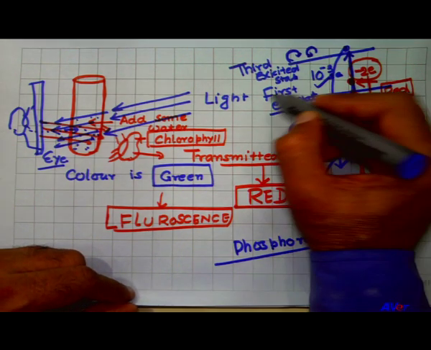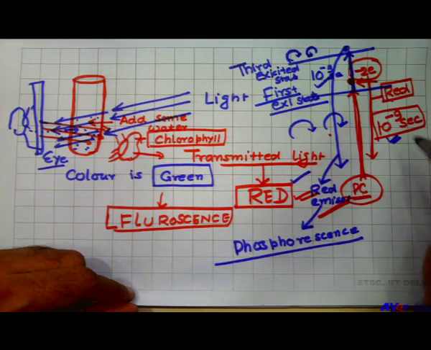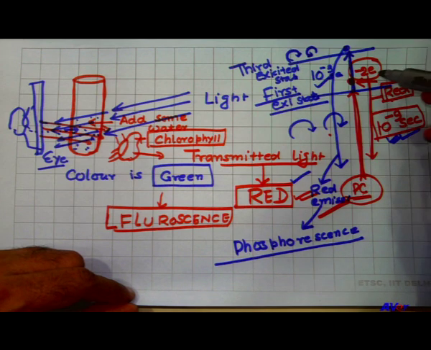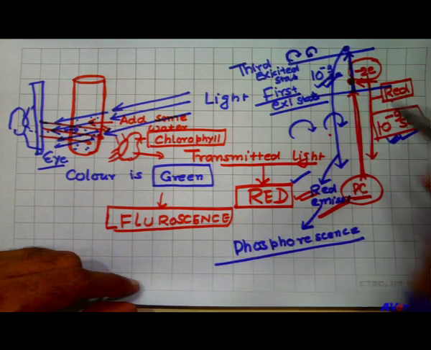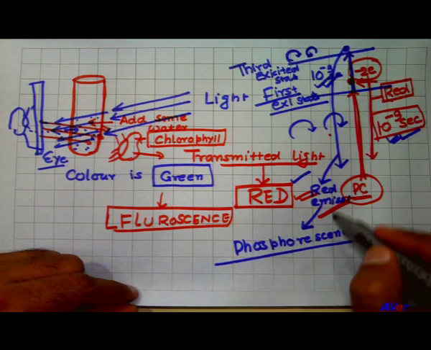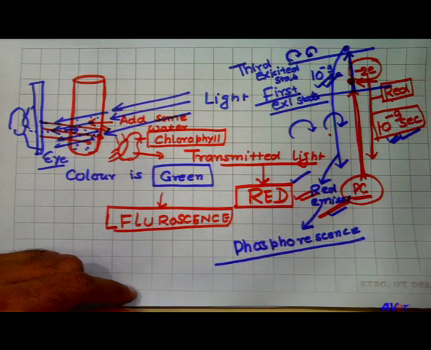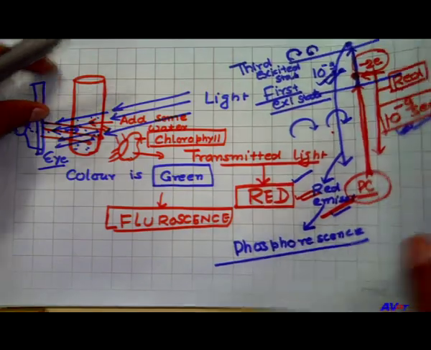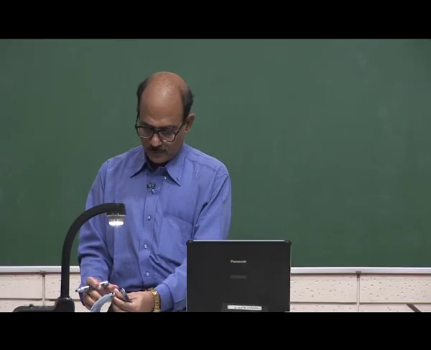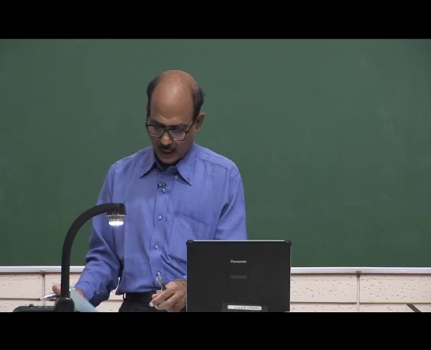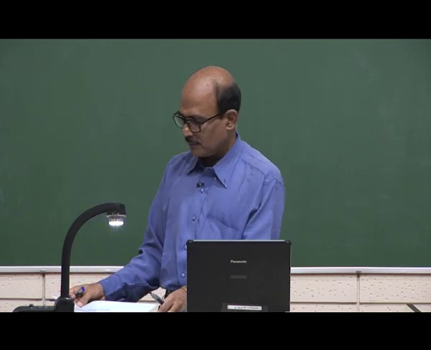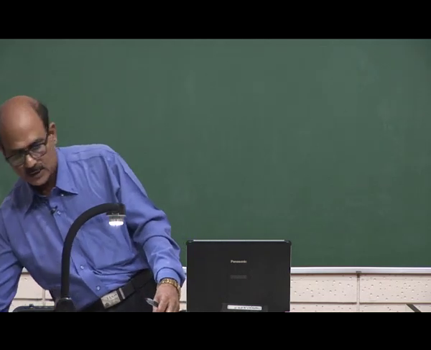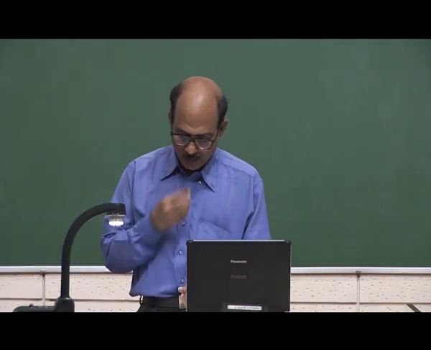When it is in the first excited state, the time period is 10 to the power minus 9 second; in the higher energy level, it is 10 to the power minus 3 second, and these also emit red light. This is the phenomenon of phosphorescence. So, now we are able to clear our idea about the phenomenon of fluorescence and phosphorescence.